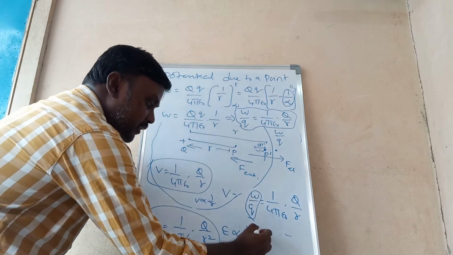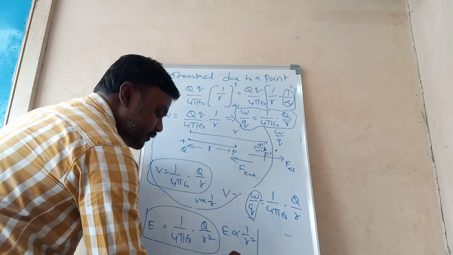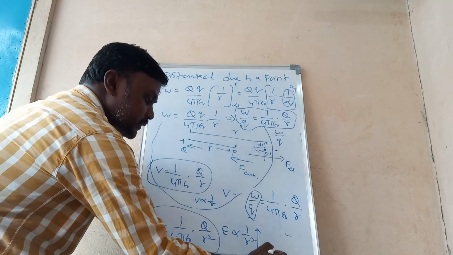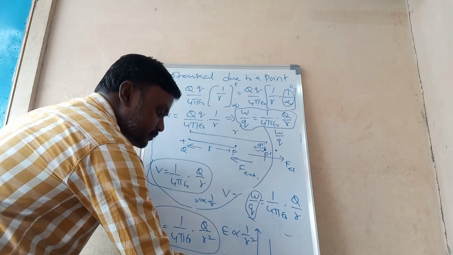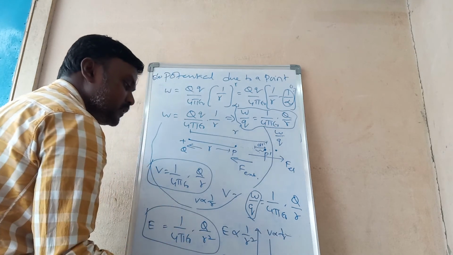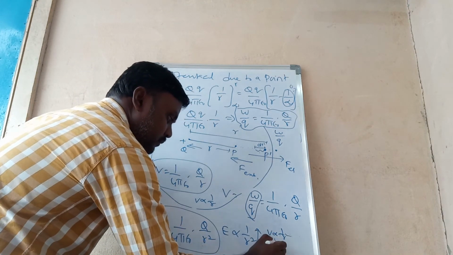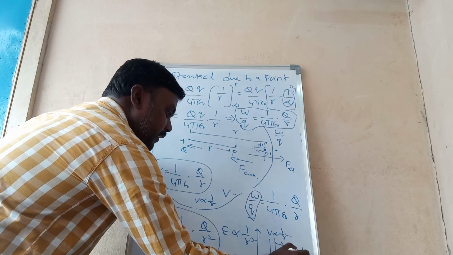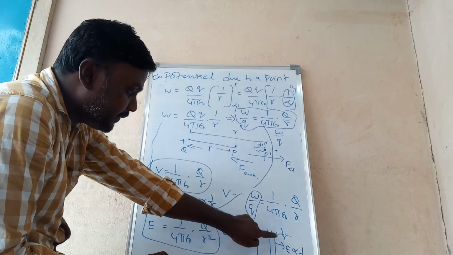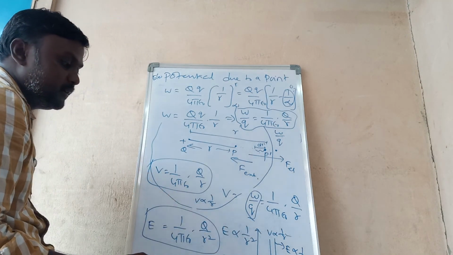If you plot a graph of E or V on the y axis against r on the x axis, V is proportional to 1 by r and E is proportional to 1 by r square, so there is a variation in the graph.